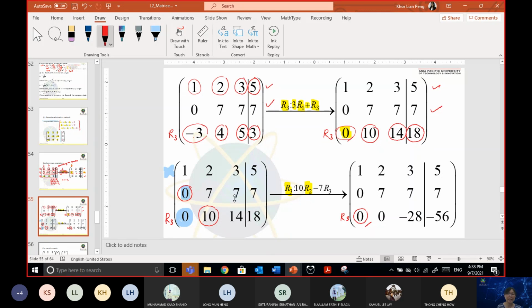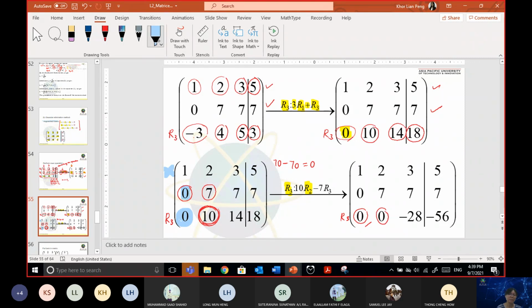Then next, we continue with the second value, 7. 7 times 10 is 70. Then minus 7 times the third row. The third row is 10. 7 times 10 is 70. So 70 minus 70, you get a 0.